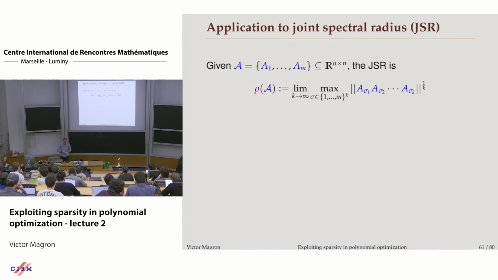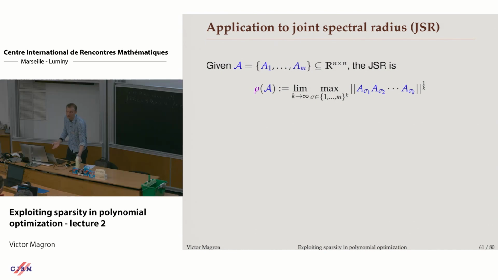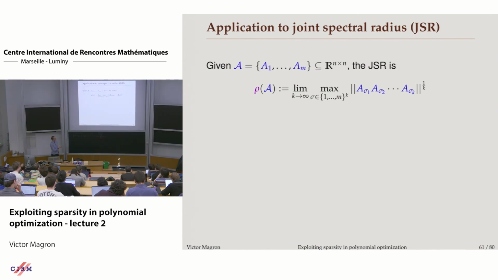So it's a generalization of the spectral radius when you have several matrices. So you have M matrices here, and then basically you will compose them with any indices between 1 and M. So you can have A1 and A1, A2, A1, A2, A3, and so on. Then you take a norm.